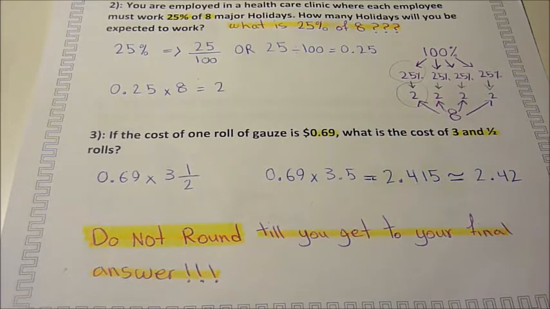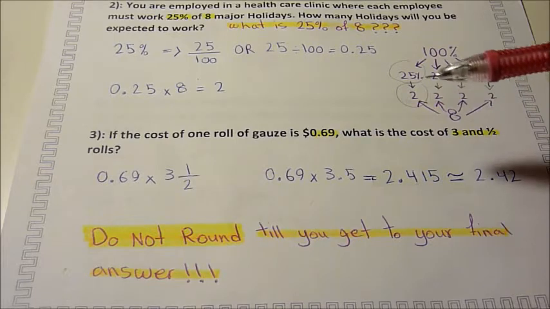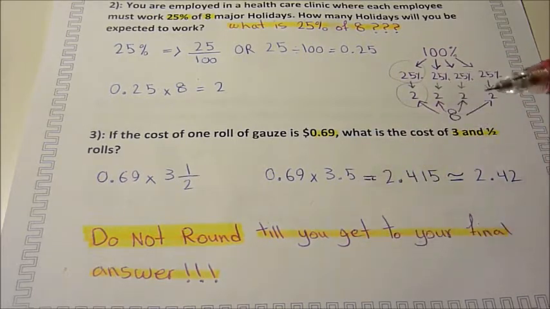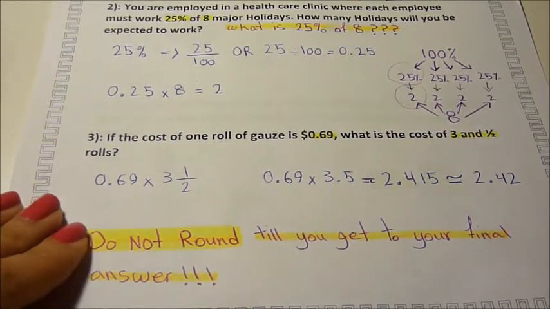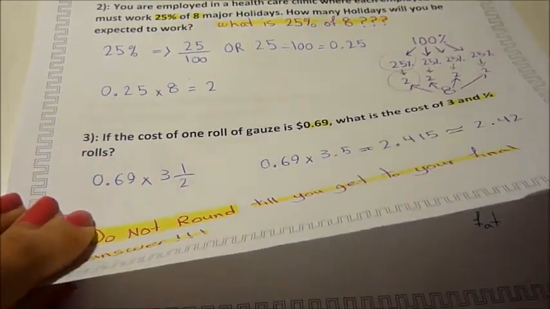And then you round it because it's money. You have to round it to 2 decimal places, which will give you 2.42. One thing that is really important is that you do not round till you get to your final answer. You don't have to round in the middle of the steps that you're doing.